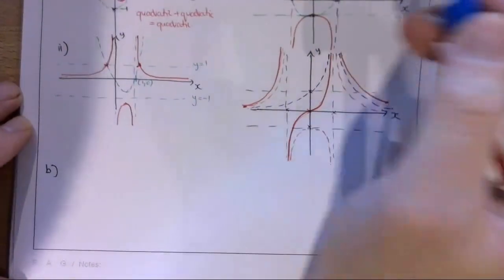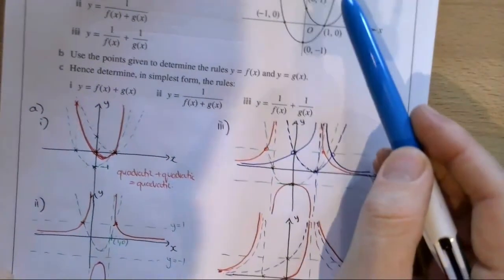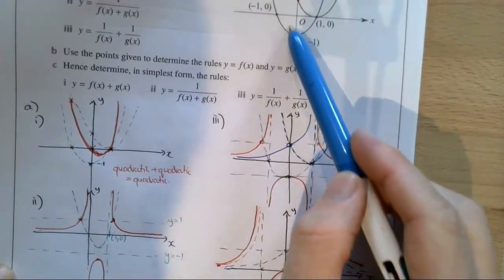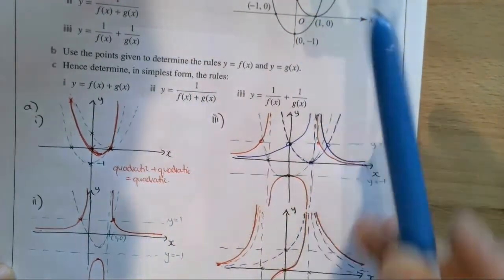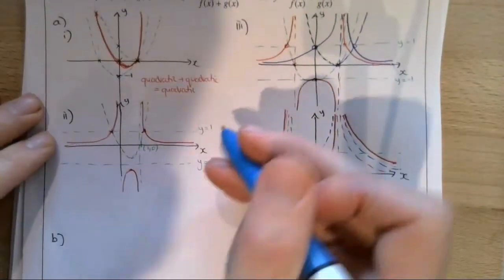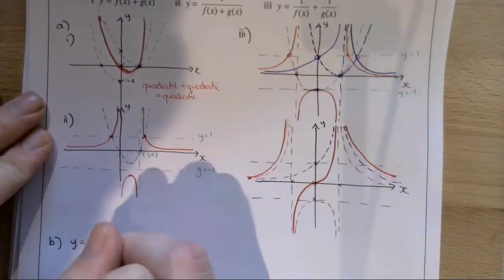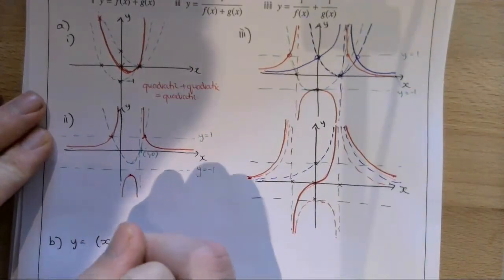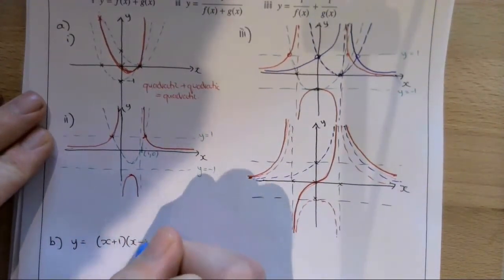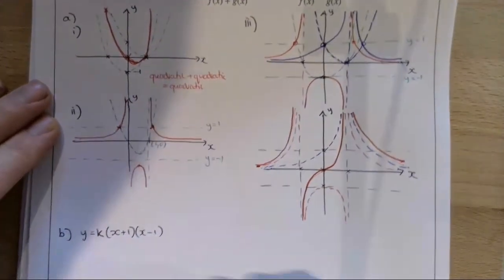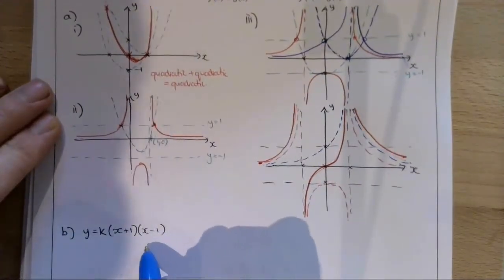Looking first at the leftmost quadratic here, I can see I have roots at plus 1 and minus 1, meaning that my quadratic has to be some multiple of x plus 1 and x minus 1.